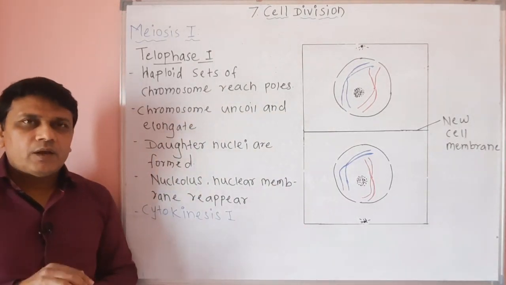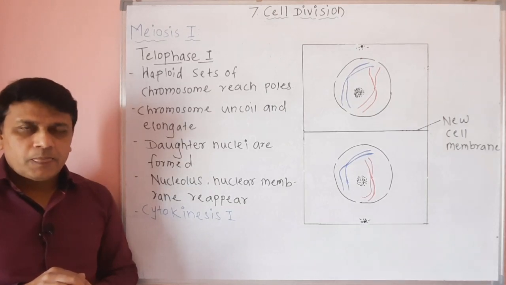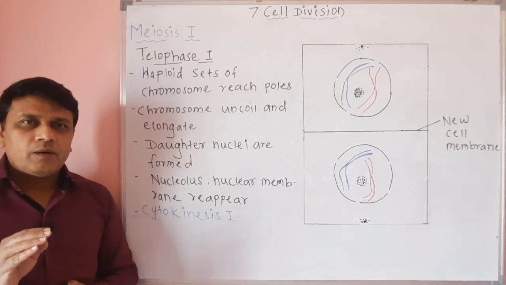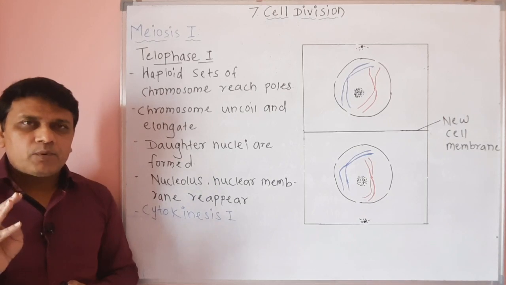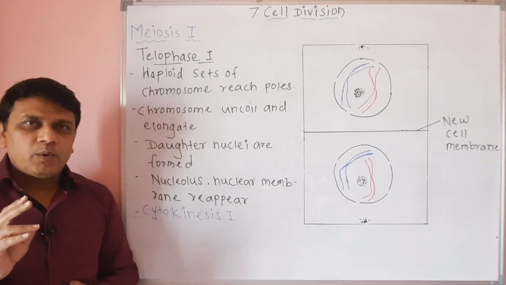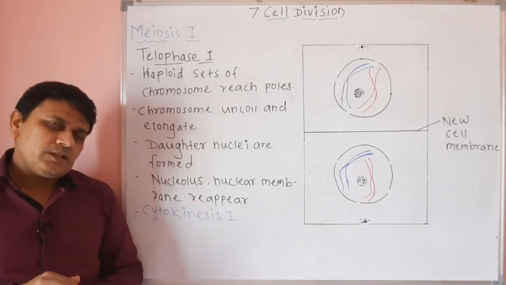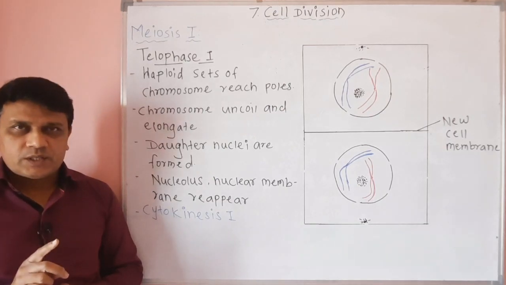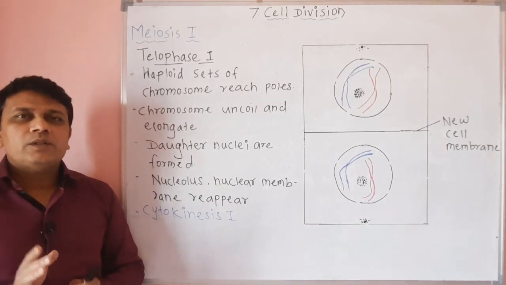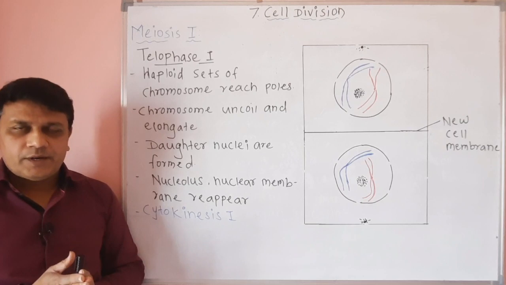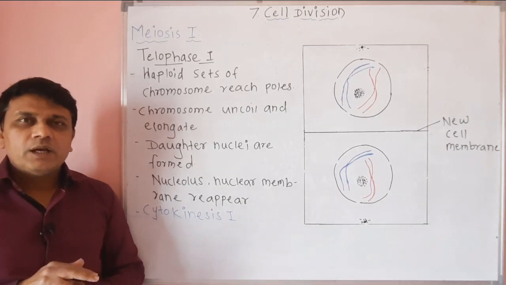Initially we saw the prophase stage. It consists of leptotene, zygotene, pachytene, diplotene and diakinesis. Then occurred the next stage, that is metaphase I. In metaphase we saw the chromosomes are arranged at the equator. Then occurs the anaphase.